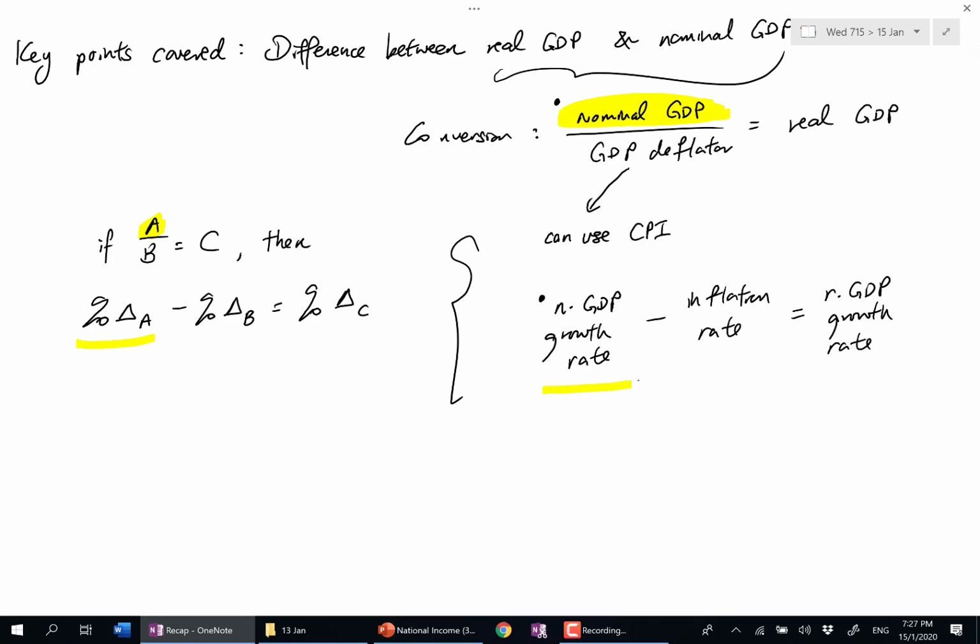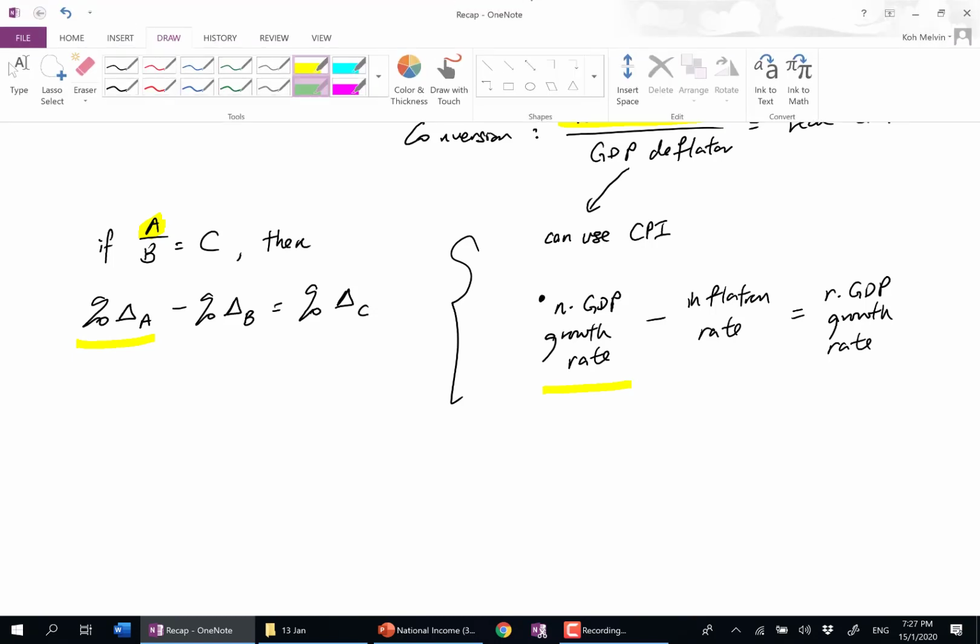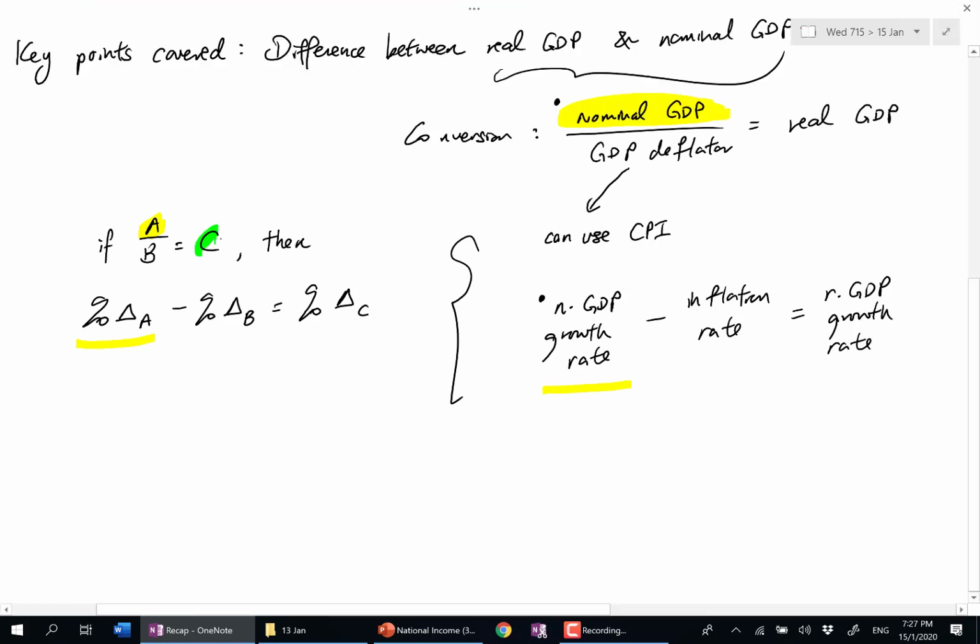I'm just converting this to a growth rate concept. Is it too fast? Okay. Now, next one. What is C? C is real GDP. So I make use of this mathematical approximation. Percentage change in C is real GDP growth rate. So I convert this into growth rate terms.